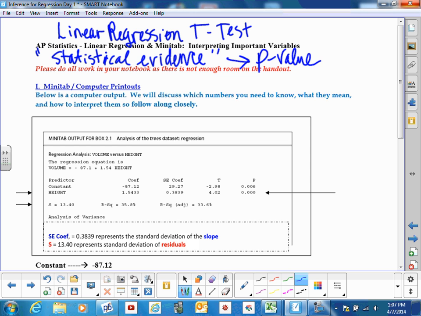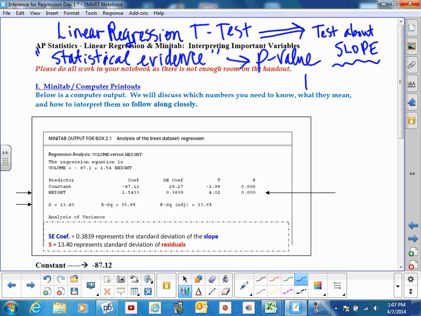Okay, so this test is going to be a test about slope. That is its main purpose, because what happens is we say, if we've got a slope between two variables, then we've got something linear going on.